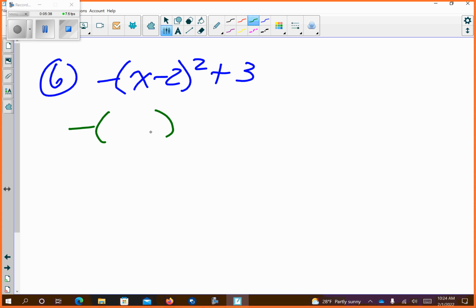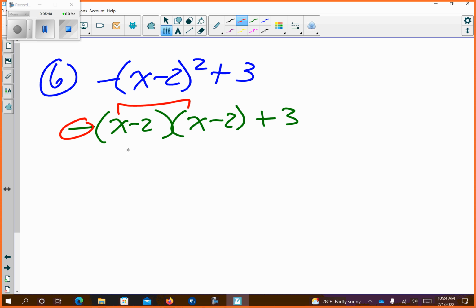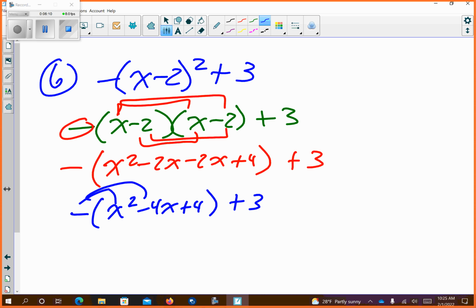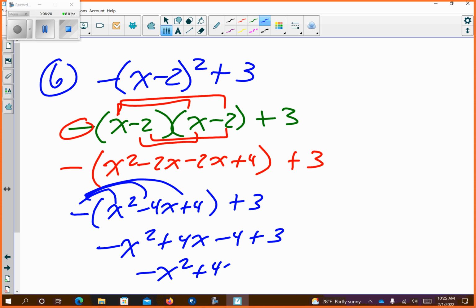Some of you might be going, wait a minute, what should I do with x minus 2 raised to the second power written like that? And there's problem number 6 worked out.